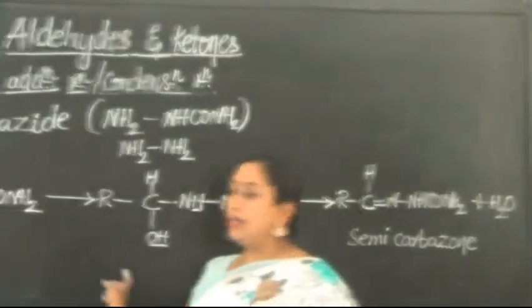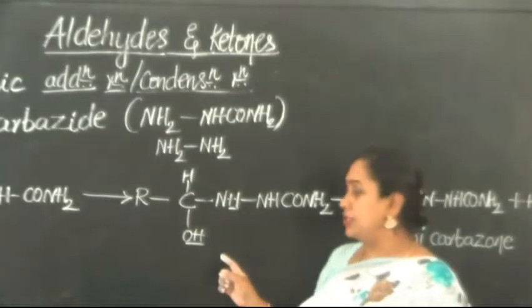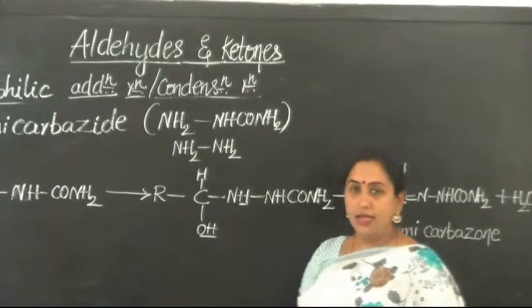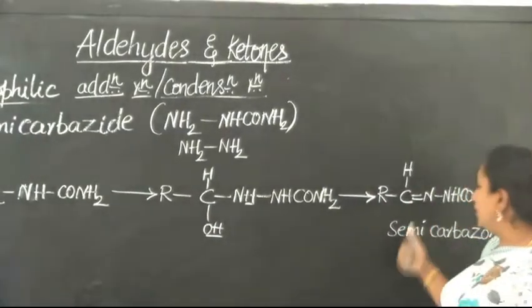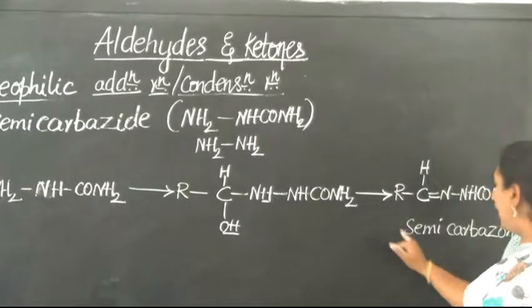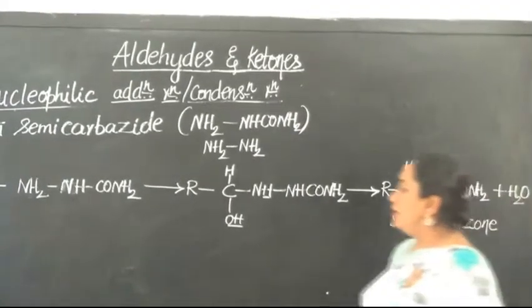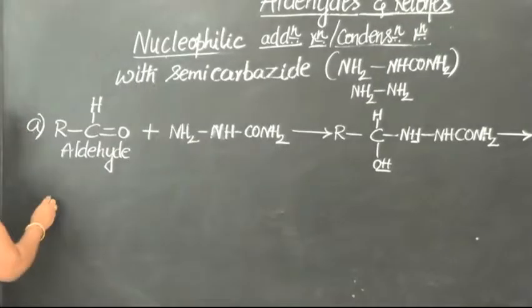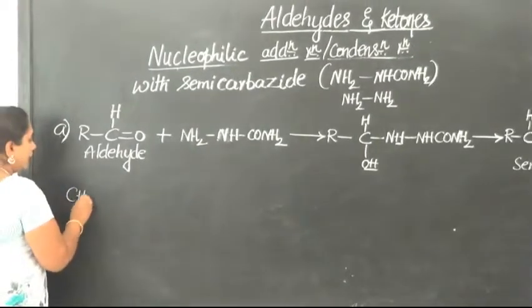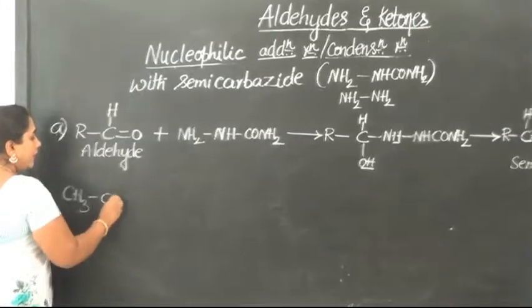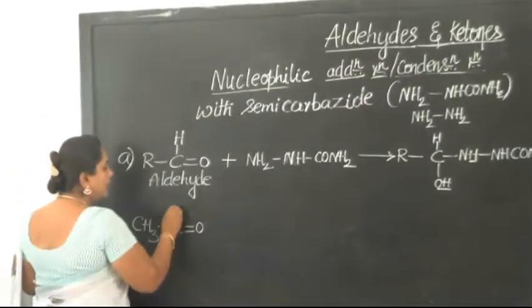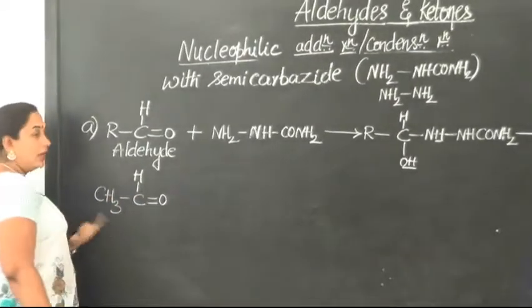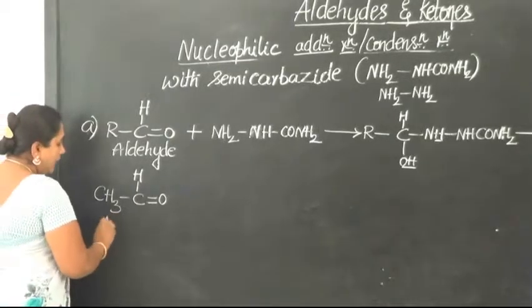Since in the general reaction I have taken an aldehyde, the complete name of this compound is aldehyde semicarbazone. Now let us take up acetaldehyde as our example aldehyde. Why am I always talking about acetaldehyde? What is true for one aldehyde is true for all aldehydes.